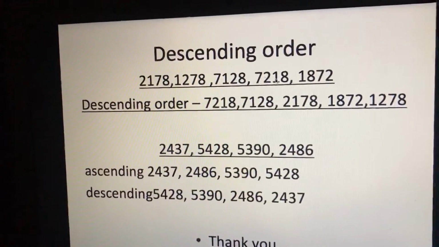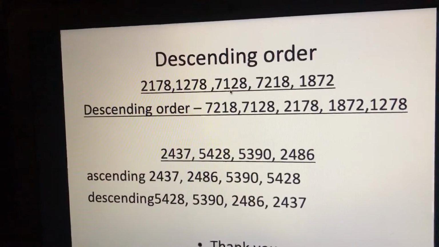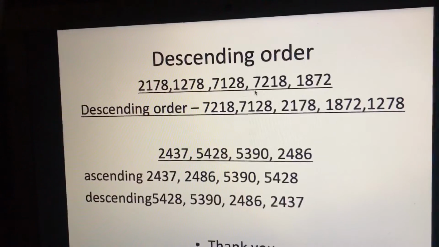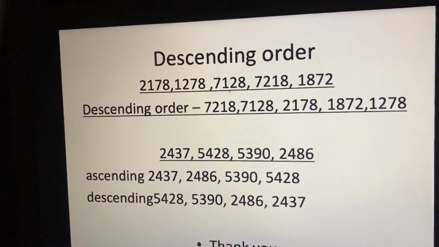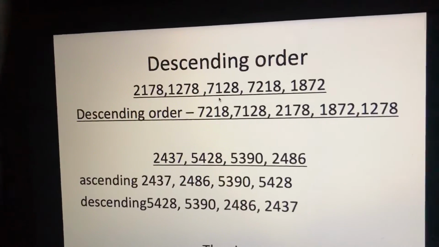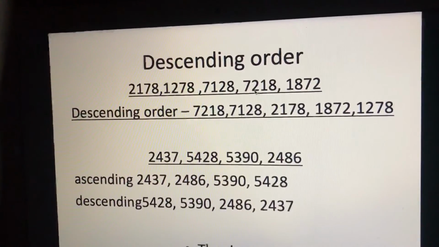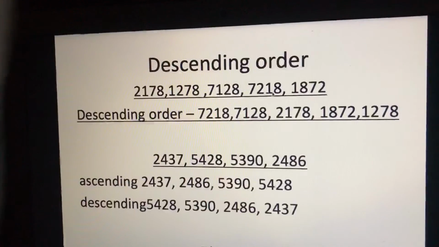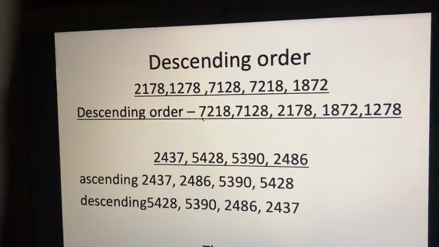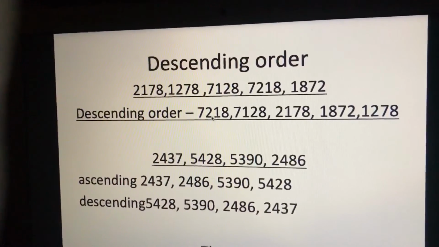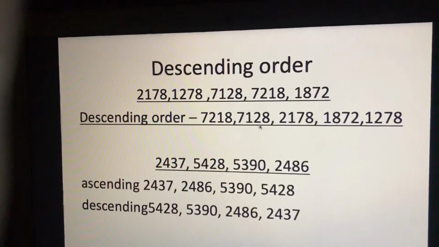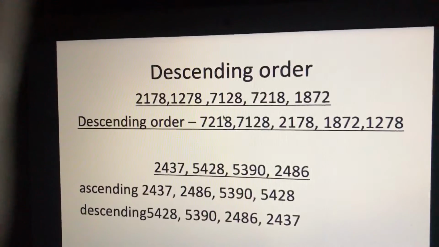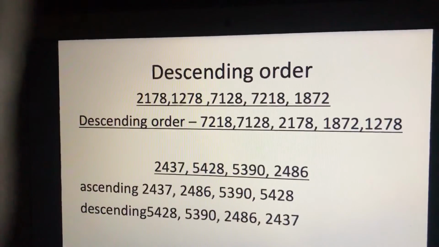7128 or 7218. So thousands are similar. At hundreds place, here is 1 and here is 2. So this is the greatest number. We write here 7218. Next is 7128. Next we compare them.